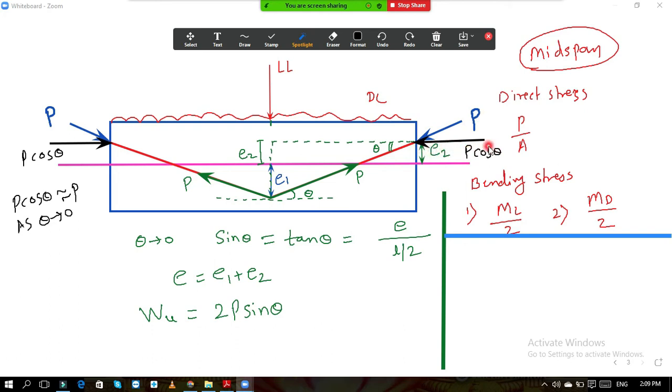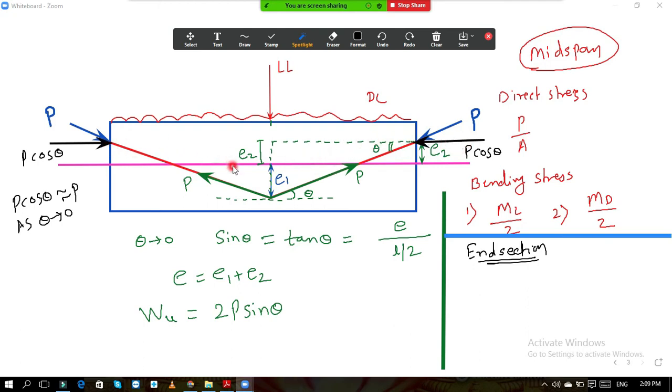Now if you resolve this P, this becomes horizontal. In the previous problem, this P cos theta was acting over here on the neutral axis, but it is not acting on the neutral axis now. So it is eccentric. You know that eccentric forces also cause a moment. When you talk about the end section, this is eccentric, and if I rotate this force about the neutral axis, it will rotate in this manner.